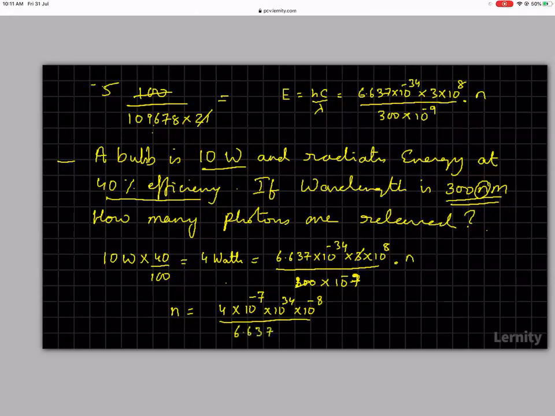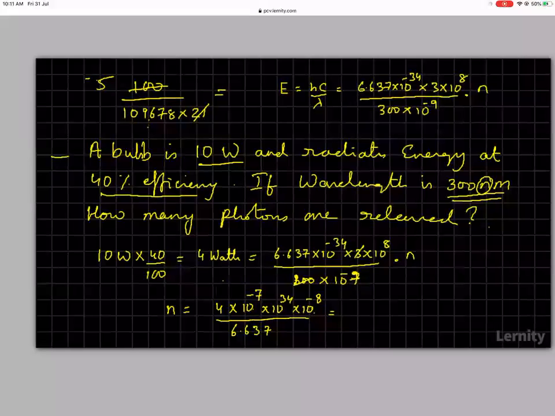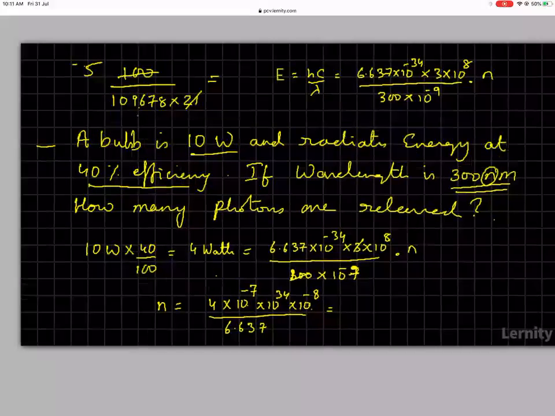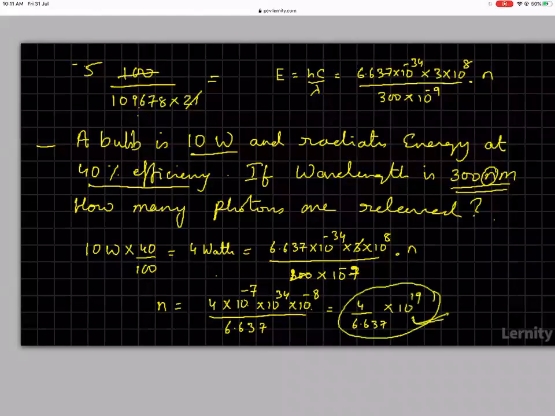Okay, now when I work it out, this will become 10 power minus 15, so it will become 10 power 19, so it will become 4 by 6.637 into 10 power 19. So this one calculation I will have to do and get the answer.